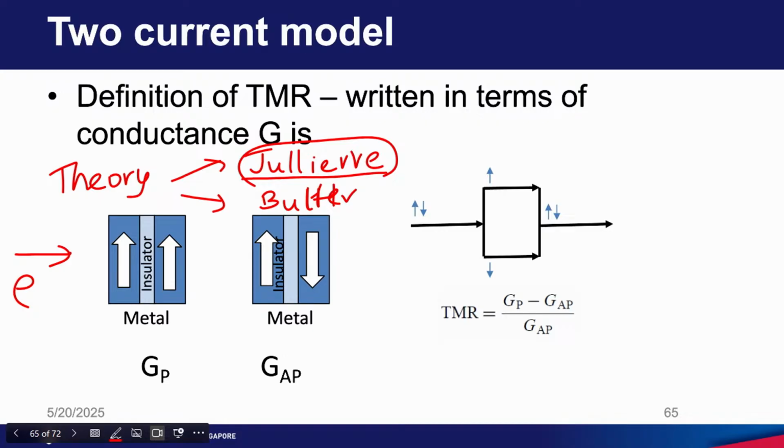When we talk about TMR, we usually use the conductance G. When the two magnetizations are parallel, we have Gp, the conductance in the parallel state. When they are anti-parallel, we have the conductance in the anti-parallel state, Gap. The definition of TMR is the difference between the two conductances divided by the conductance in the anti-parallel state.